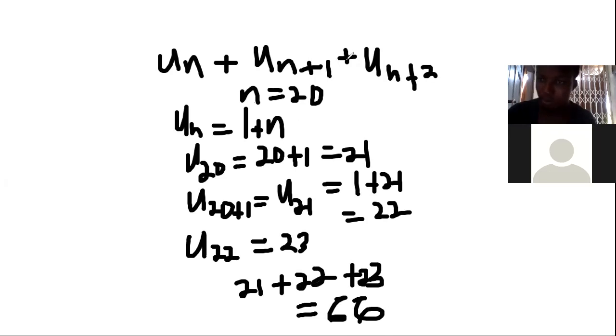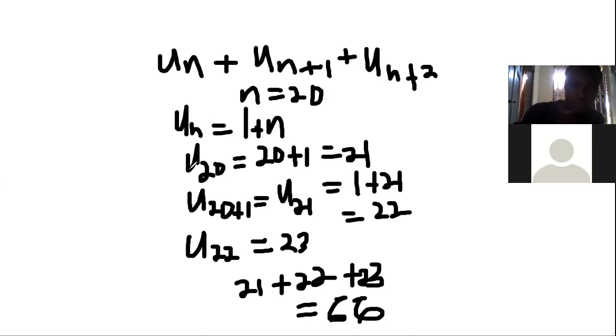This is a sub question, so everything we do from the top is affected by this. To be able to find this, we first have to find U n, but we know U n is equal to 1 plus n, and they said when n is equal to 20.